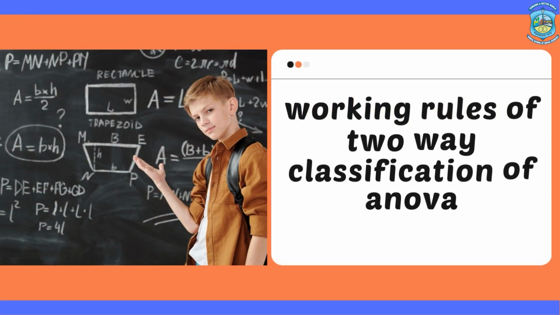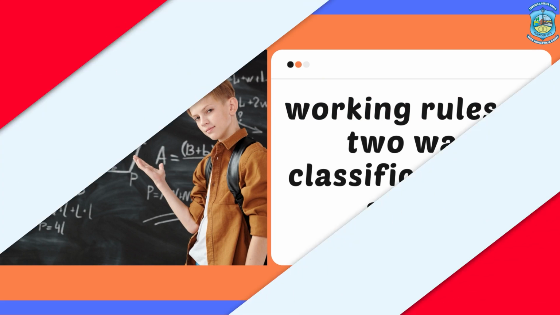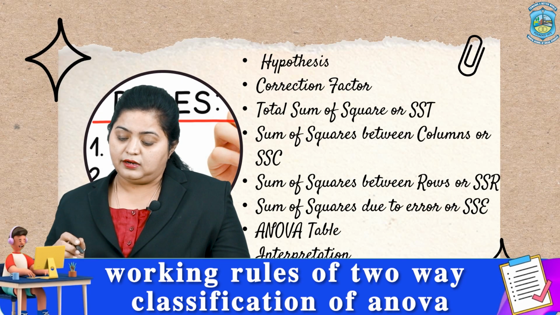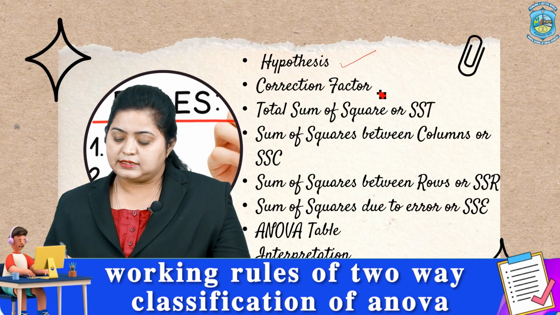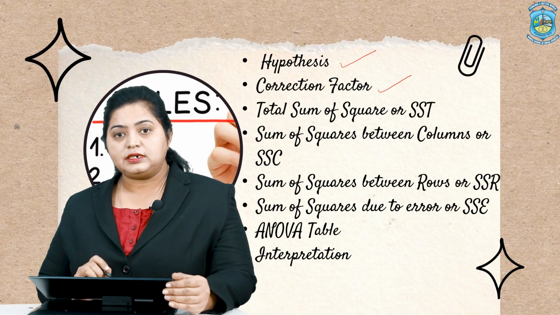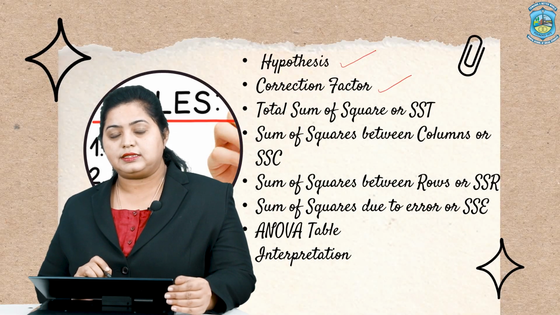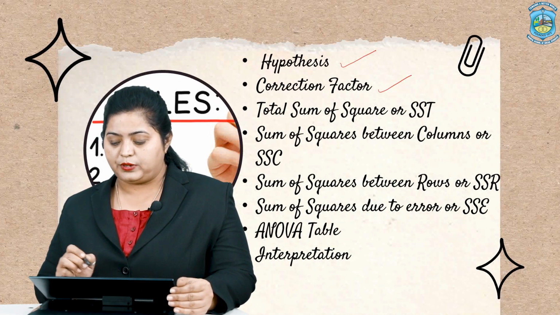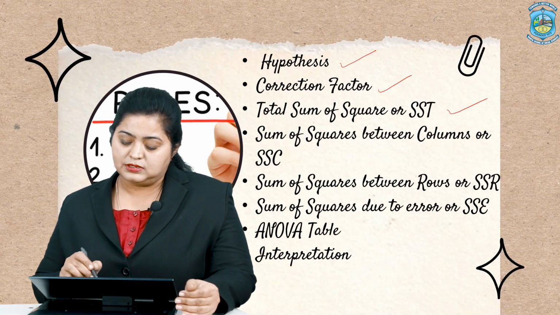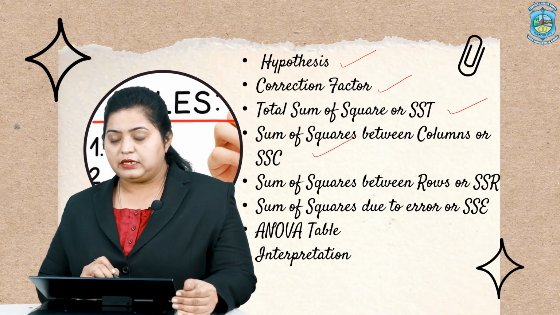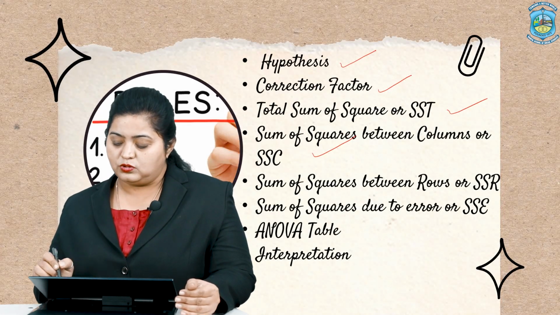Now the working rule for ANOVA two-way classification. The working rules are: first, setting up of hypothesis. Second is the correction factor. The third one is to find out the SST, that is the total sum of squares. The fourth one is the sum of squares between the columns. The fifth one is the sum of squares between the rows.